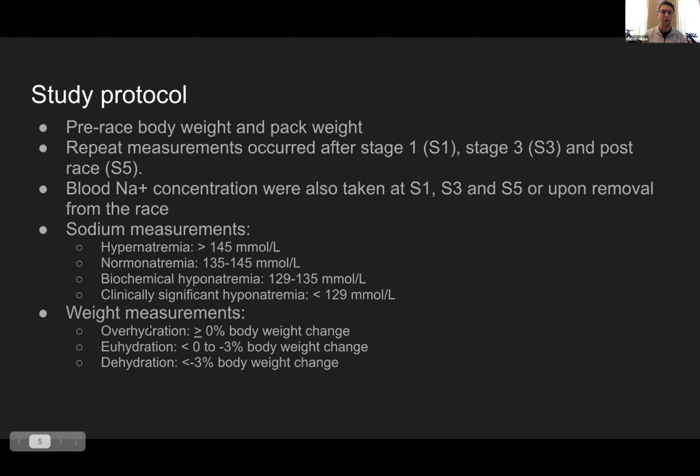If patients were overhydrated, that meant they had an increase in body weight anywhere within the various stages. If they maintained a euhydration status, that means they lost anywhere from 0 to 3% body weight. That'd be a drop in body weight. And dehydrated was considered anything more than a 3% decrease in body weight.